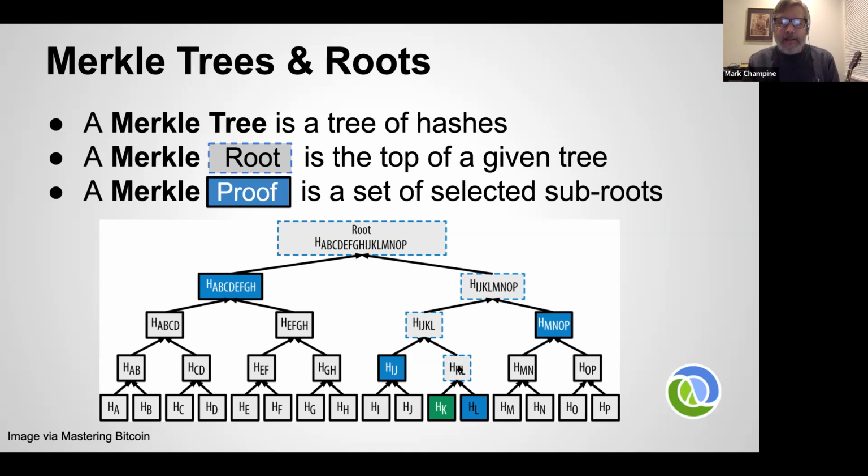So the way you would do that is hash the supplied node, the one that you're trying to prove, with its neighbor, and then hash that together with hij, which is part of the proof, to get this. This is supplied in the proof, so you can hash those together and get this. This is supplied in the proof, so you can hash these together and get the full root. So that just takes a very few number of hashes to achieve a calculation of the Merkle root.